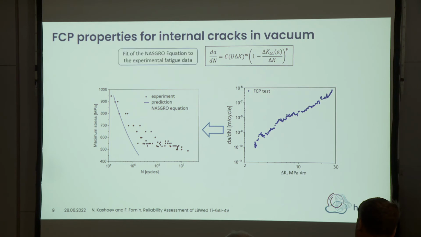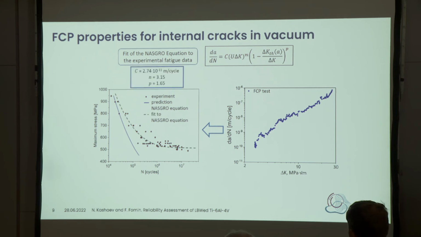Then we suggested using a different approach. Now we have our model, and we identified these coefficients by fitting our model to experimental data using the least square method. And then we obtained different parameters. And then, in principle, we can also represent what our model will predict in this diagram.